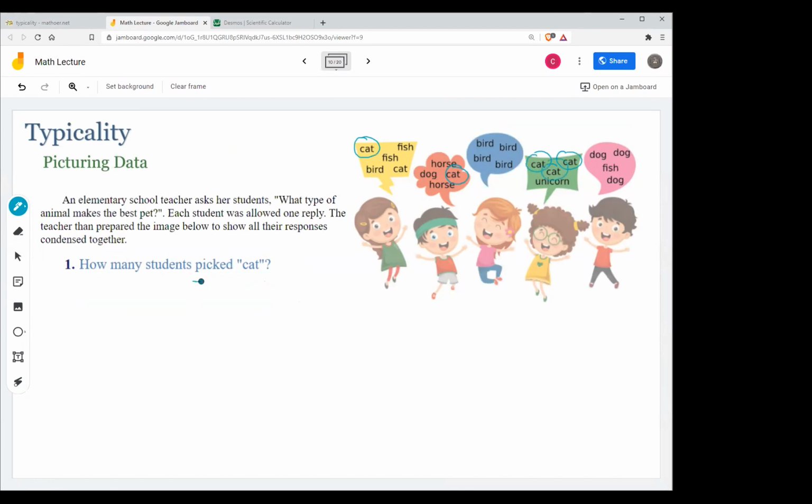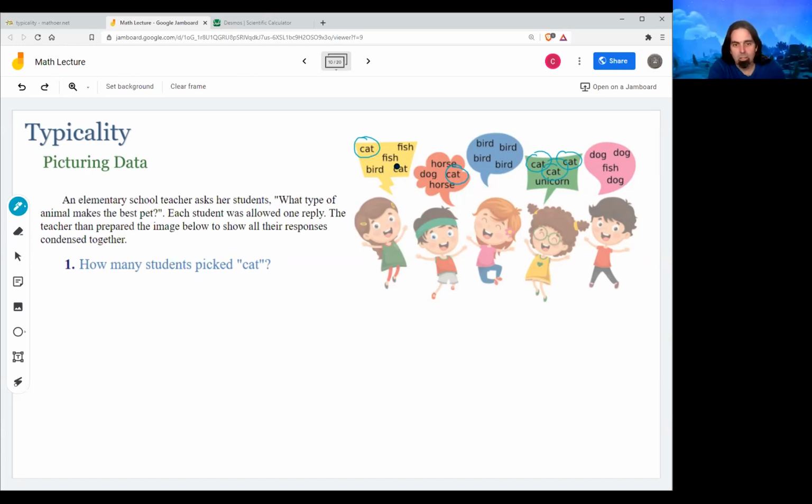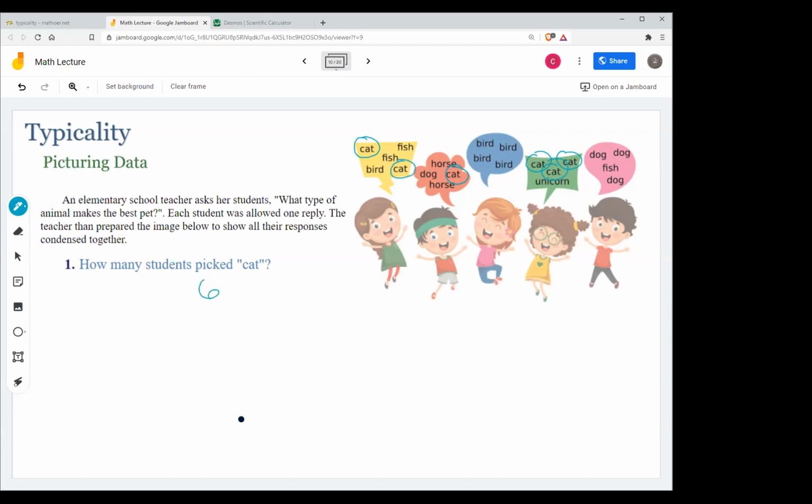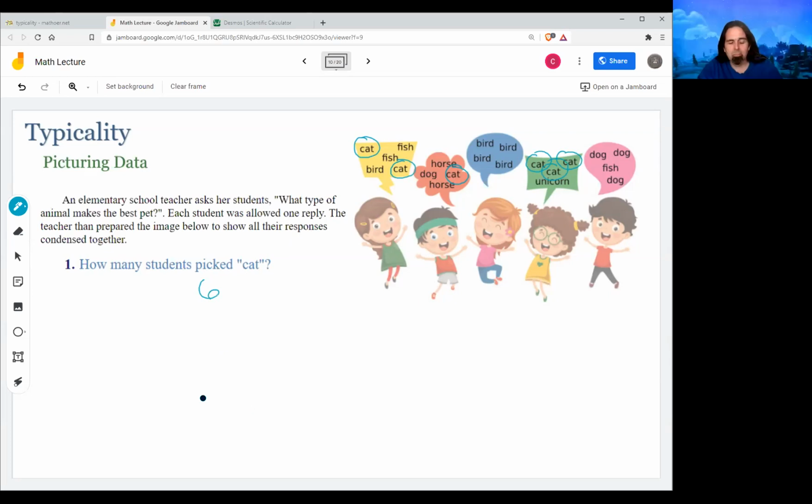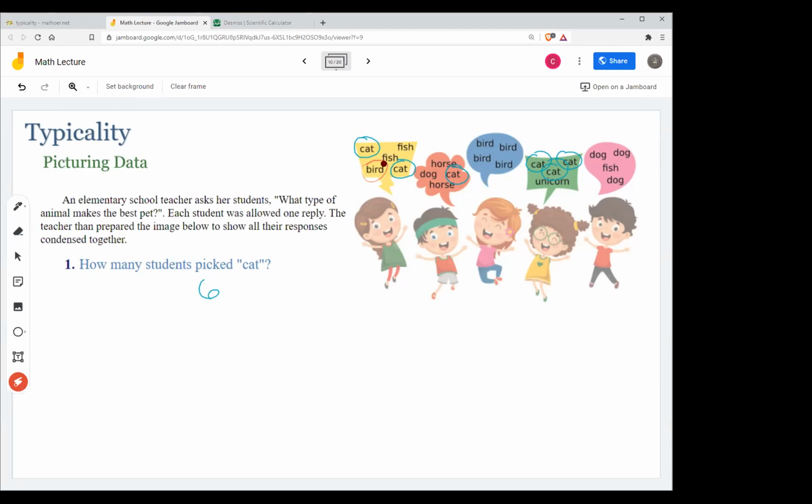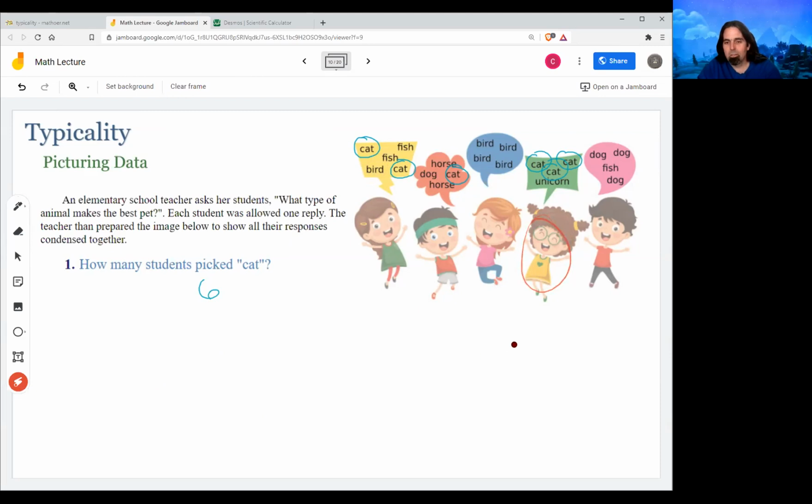You missed one on the yellow. Oh, no, you're right, I did. 6 students picked cat. Wait, what? Because each word is one of the different students in the class. Oh, okay, this picture represents 4 different students that picked cat, cat, cat, and unicorn. Gotcha.